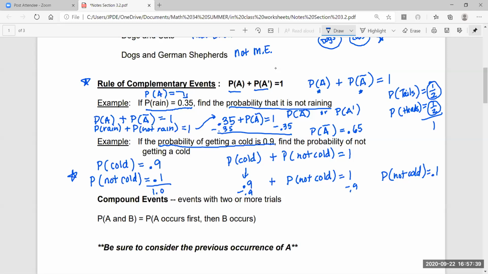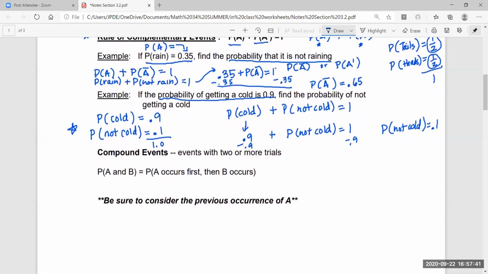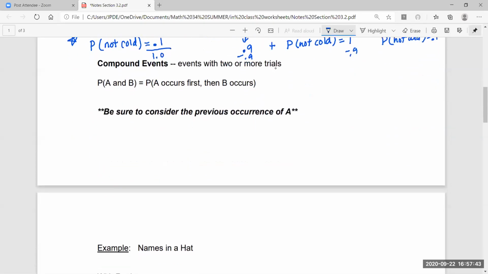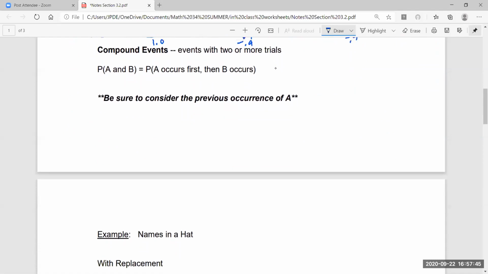All right. The next part we're going to look at is something called compound events. And we will talk about these more. You think about a compound sentence, say, it's connected with an and or an or. So a compound event has 2 or more trials. Something happens and something else happens and something else happens. Something happens or something else happens.